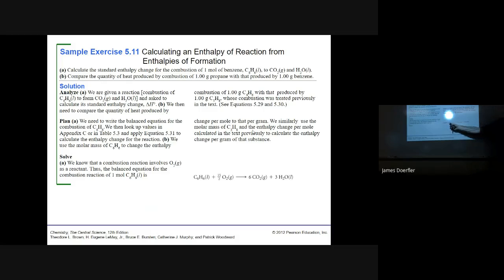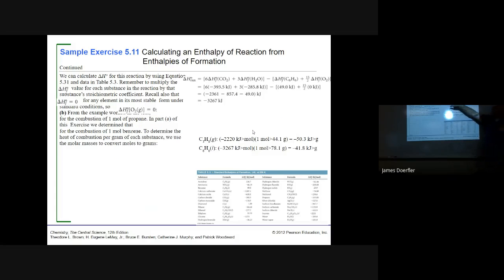C6H6 liquid plus 15 halves, if you will, O2 yields 6 CO2 plus 3 H2O liquids. A very weird equation. So this is the balanced equation. In order to solve this, again, we're going to take our products minus our reactants.